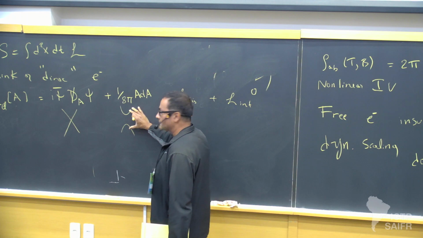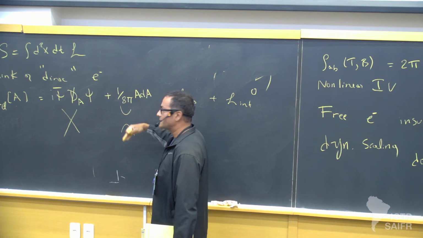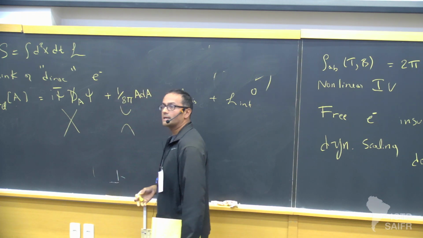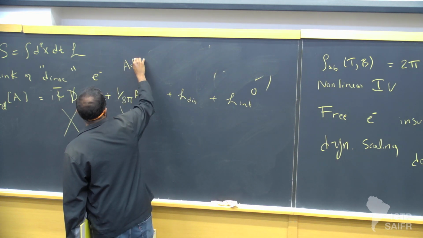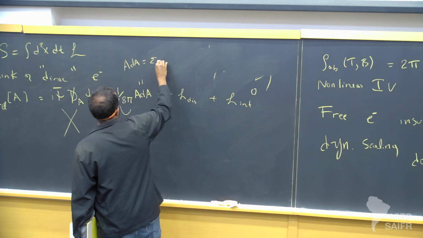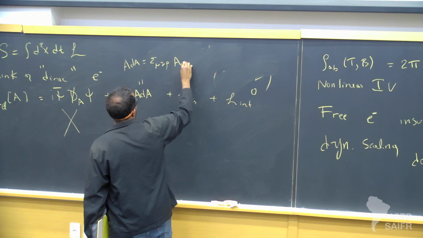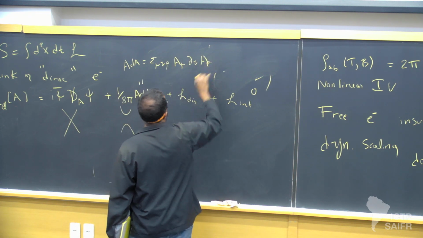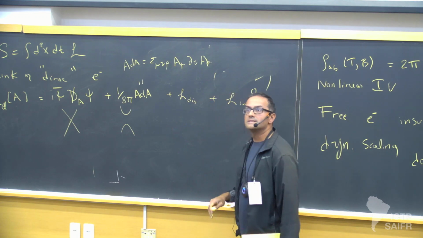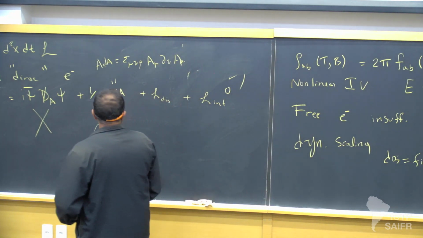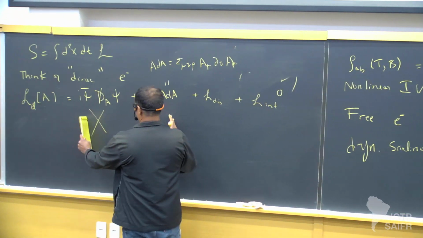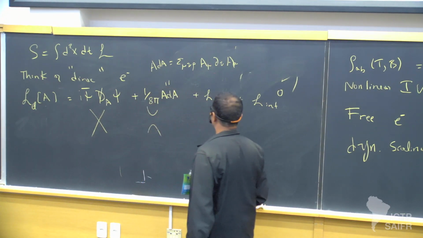And if the partner happens to be massive, you can integrate it out, and you get what's called a half Chern-Simons term. So this here, ADA, is a shorthand for epsilon mu nu rho, A mu d nu A rho. Okay? So this is called the Chern-Simons term. It gives rise to Hall physics. So this represents a microscopic theory of Dirac electrons on a lattice.